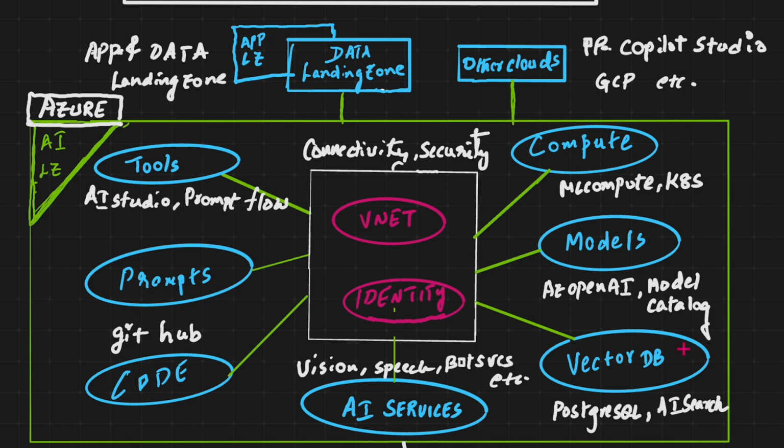Also, you will be needing vector databases, and you will soon know in one of the videos that I will be doing in this series. But for now, as an AI Landing Zone creator for infrastructure persona, all you need to understand is you need to create something called a vector database.